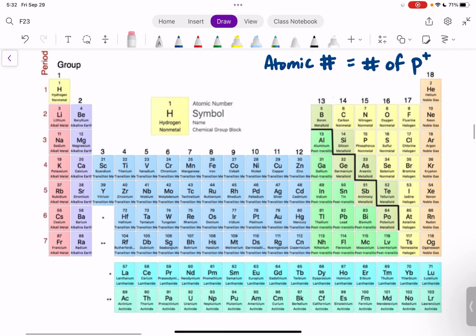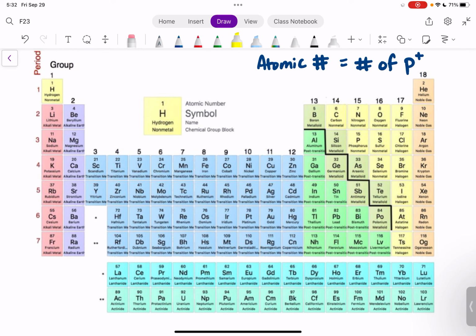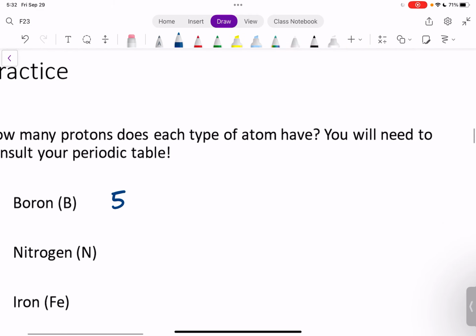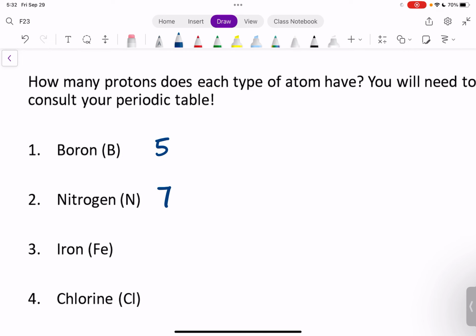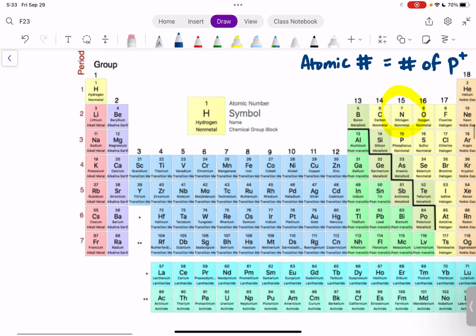All right, what about nitrogen? Let's get rid of this here. So nitrogen is over here. Its atomic number is 7, so it should have 7 protons, and it does. That's what makes it nitrogen. All right, what about iron? Iron's a little bit of a different one, Fe, right? So we're going to look on the periodic table for Fe.